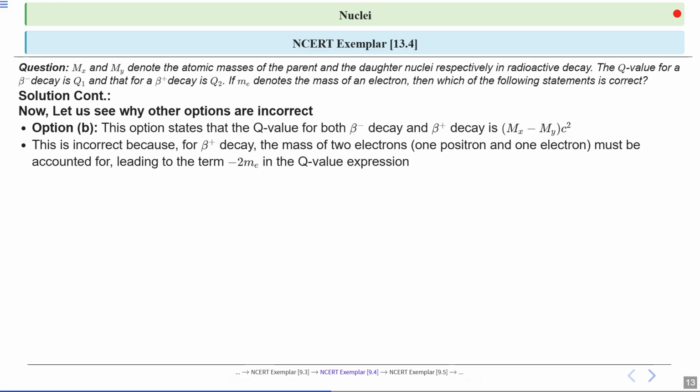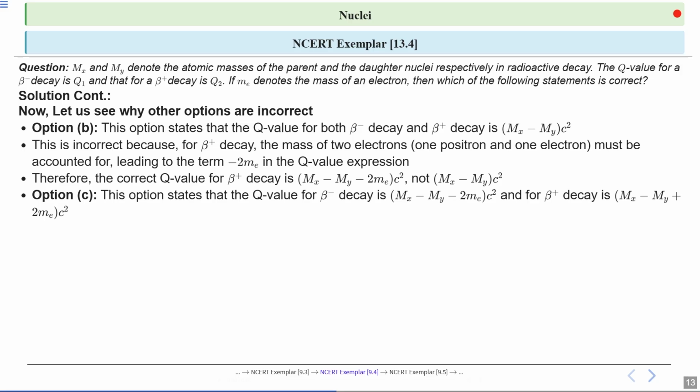For beta plus decay, Q2 came out to be Mx minus My minus 2Me C square. So the Q value differs by minus 2Me for beta plus decay due to positron and electron mass. Hence option B is wrong. The correct Q value for beta positive decay is Mx minus My minus 2Me C square, not Mx minus My C square.